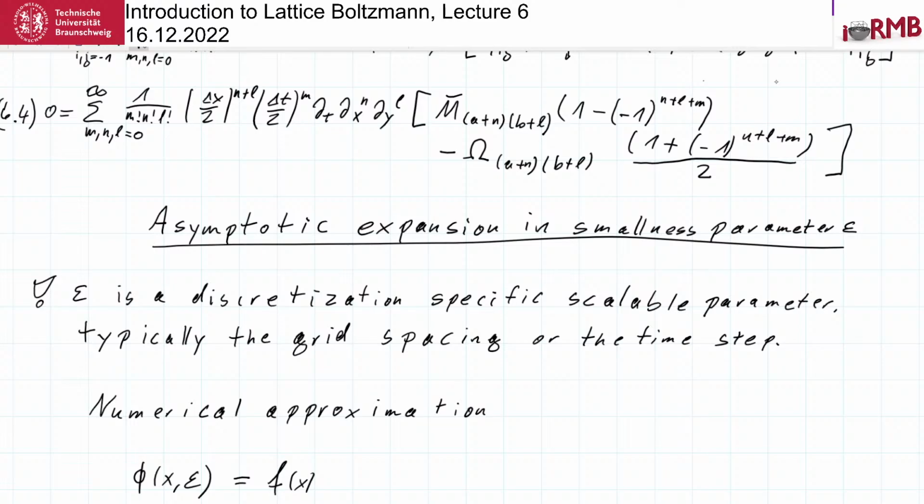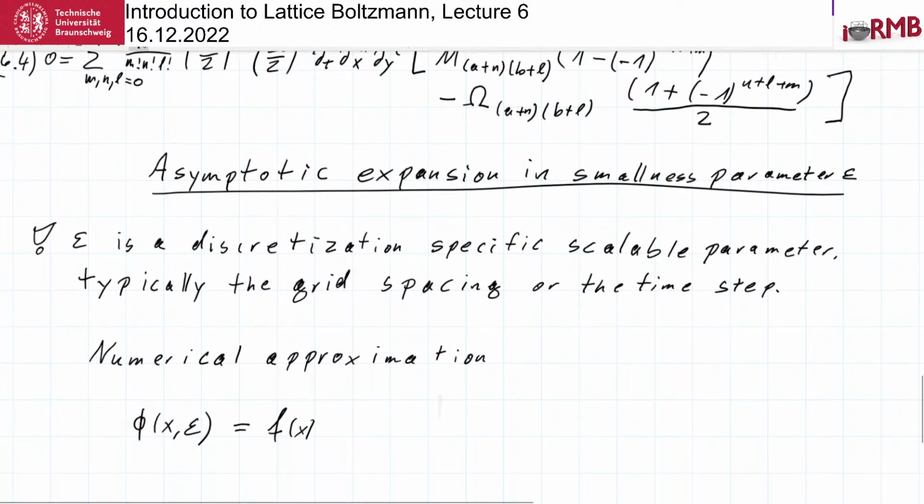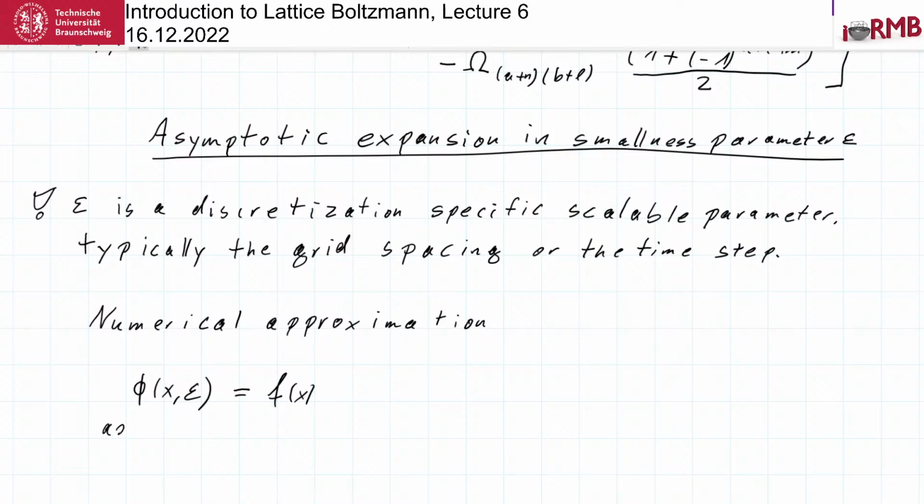The function that we want to approximate should not be a function of our discretization parameter epsilon, obviously. So this is not a function of epsilon, and this is, so to speak, the truth. What we have here is the approximation. This is the thing that we want to approximate.